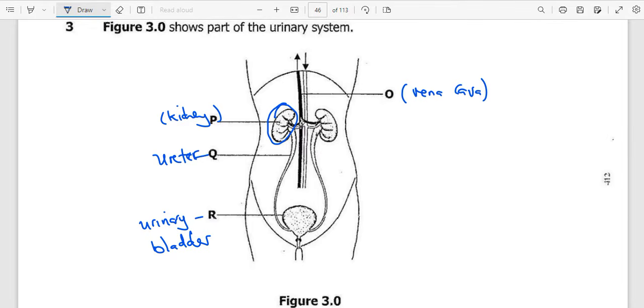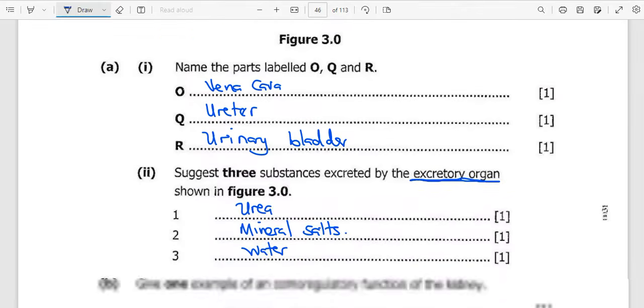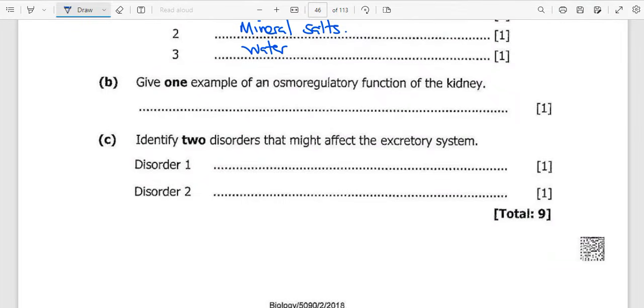Meaning that the kidney will just store water that has been excreted, and in an event that you are in need of this water, water will be reabsorbed in the body.